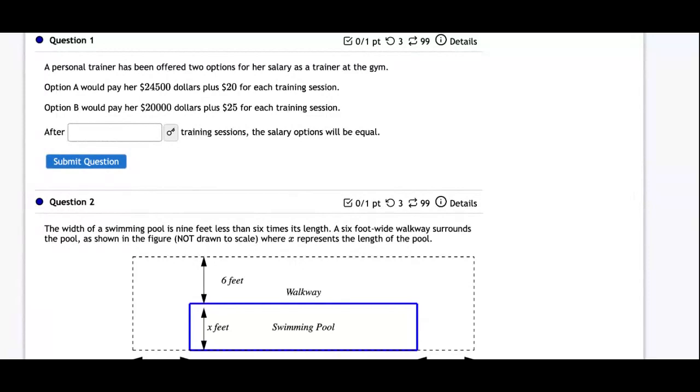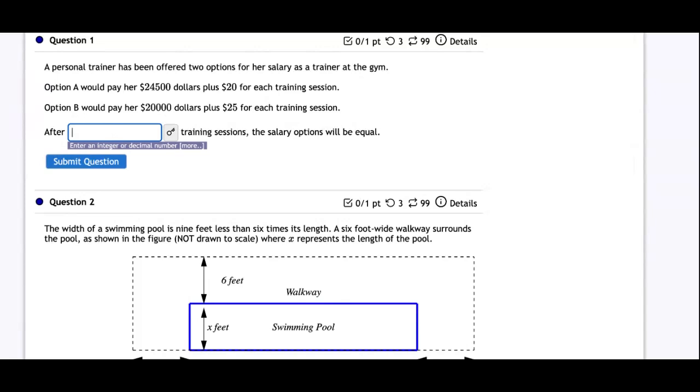Option A would pay her $24,500 plus $20 for each training session. Option B would pay her $20,000 plus $25 for each training session. After how many training sessions will the salary options be equal, right?